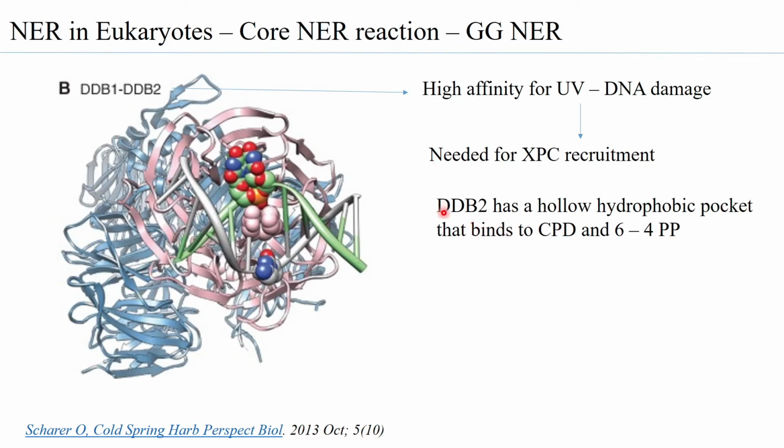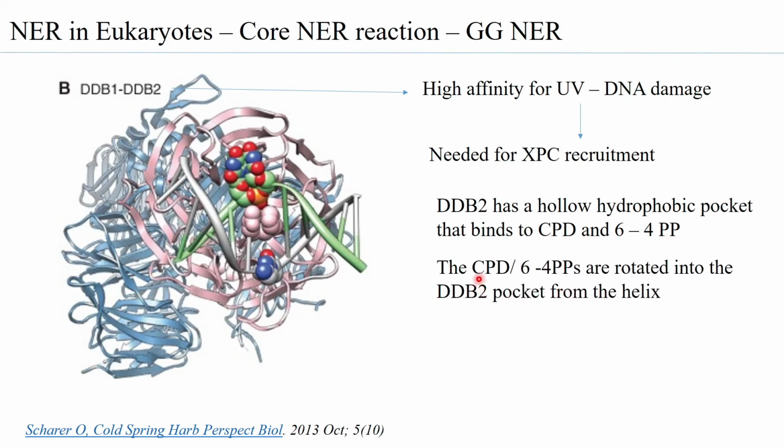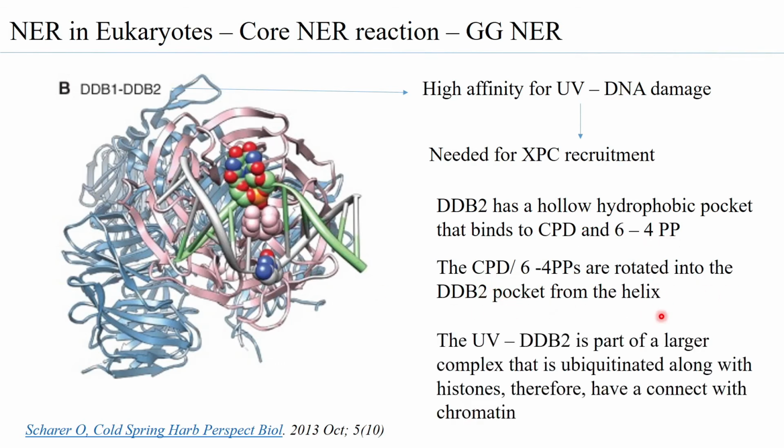So what has been observed is that the DDB2 has a hollow hydrophobic pocket that can accommodate the pyrimidine dimers and also the 6,4 pyrimidine pentacycle that is formed. So these both adducts are rotated into the DDB2 pocket from the helix.